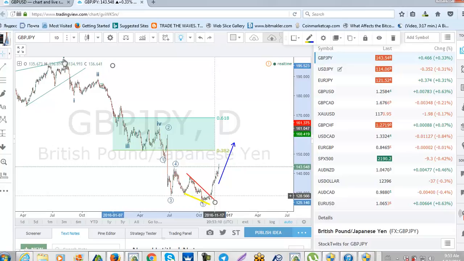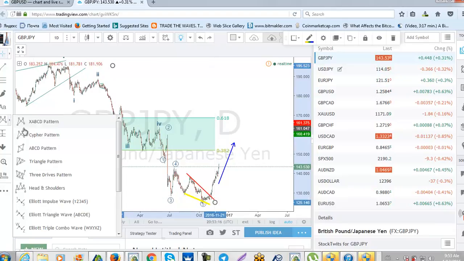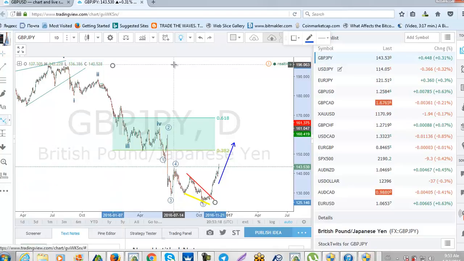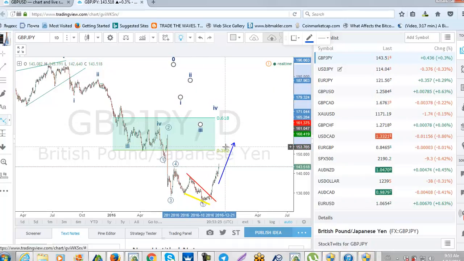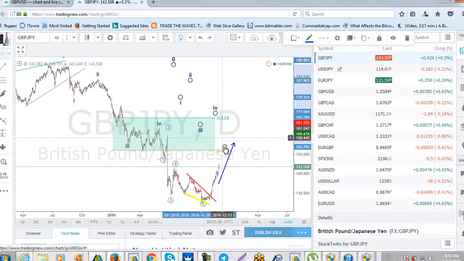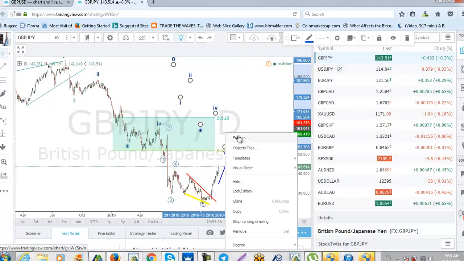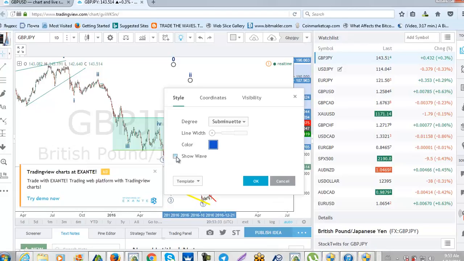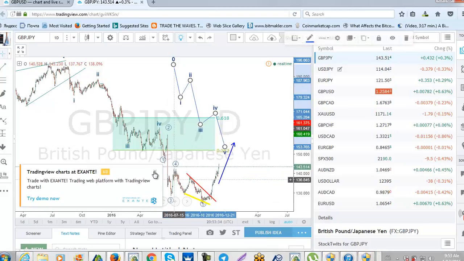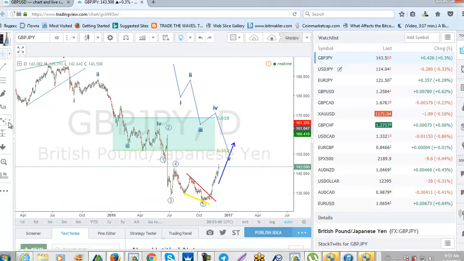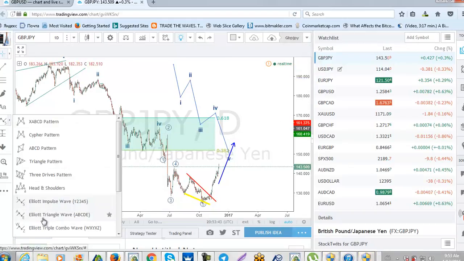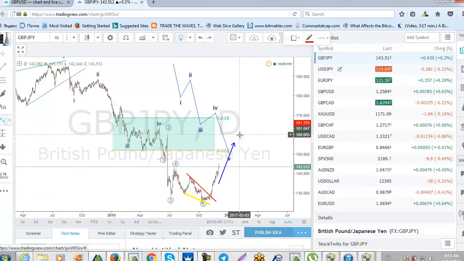And normally at the end of this kind of move, according to the Elliott wave theory, if you have a 5-wave move like this, you will be expecting a 3-wave correction in the opposite direction in this manner.